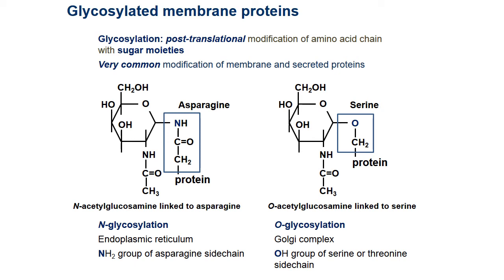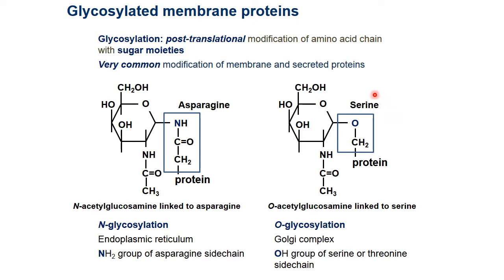There are two types of glycosylation. So there's N-glycosylation. So here's an example of N-acetylglucosamine linked to an asparagine. So it's linked to the amino group of an asparagine. That's why it's called N-glycosylation. And this takes place mainly in the endoplasmic reticulum.